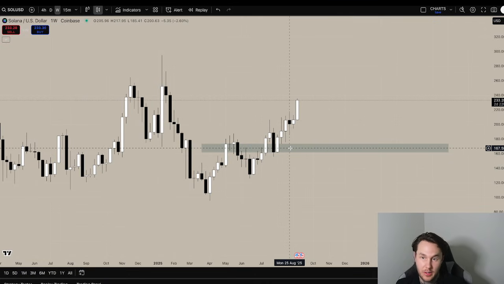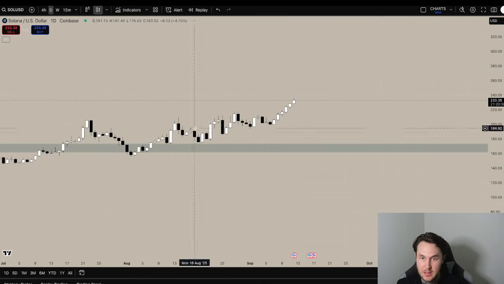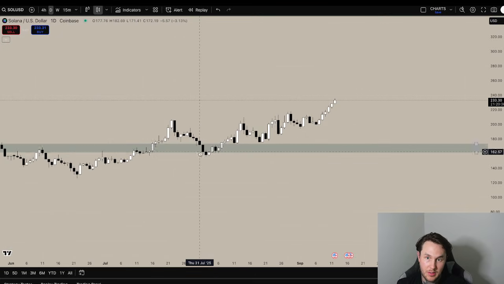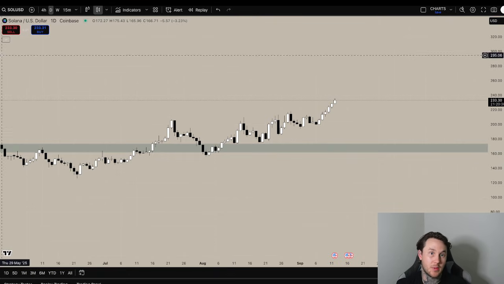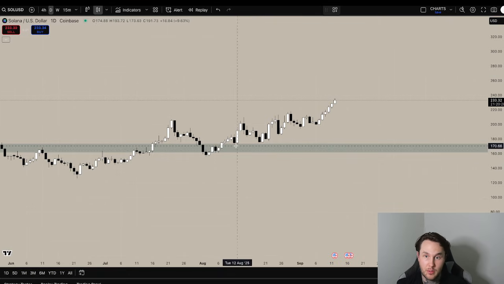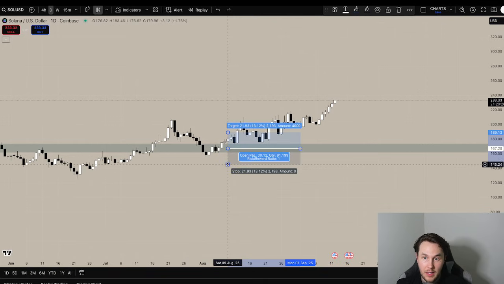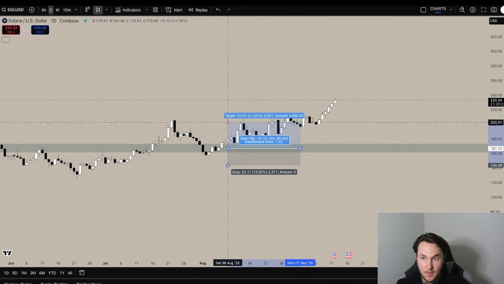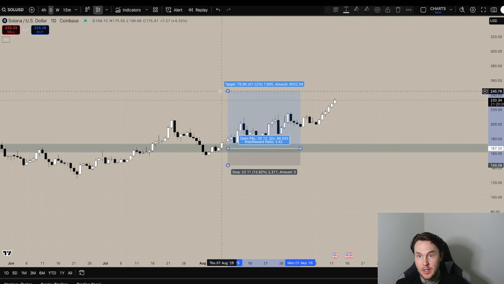You set your alert here, jump down into the daily chart, and see price is now bouncing and rejecting. Once price bounces and rejects, that's when I will look to enter a long position, allowing me to put my stop loss below the swing low, and that way I can target the swing high.